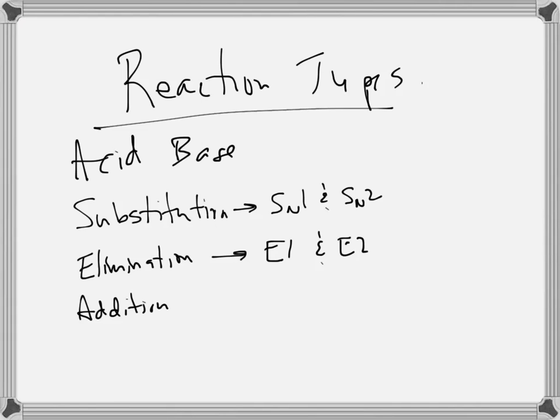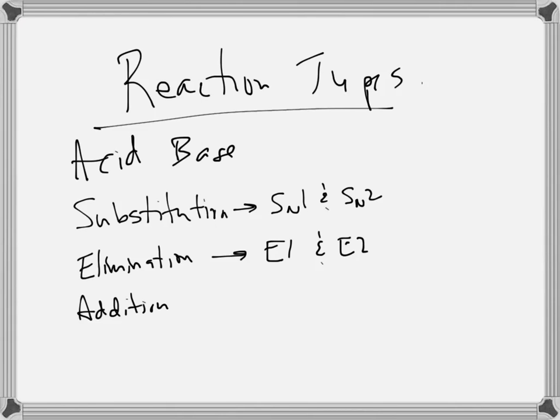Okay. Chapter 8, and then our carbonyls and our arenes, particularly the carbonyls, take a mix of all of these different types of reactions and put it into one reaction. So when I do a reaction between water and a carbonyl, I do some acid-base chemistry, some substitution chemistry, some elimination chemistry, technically some addition chemistry as well.